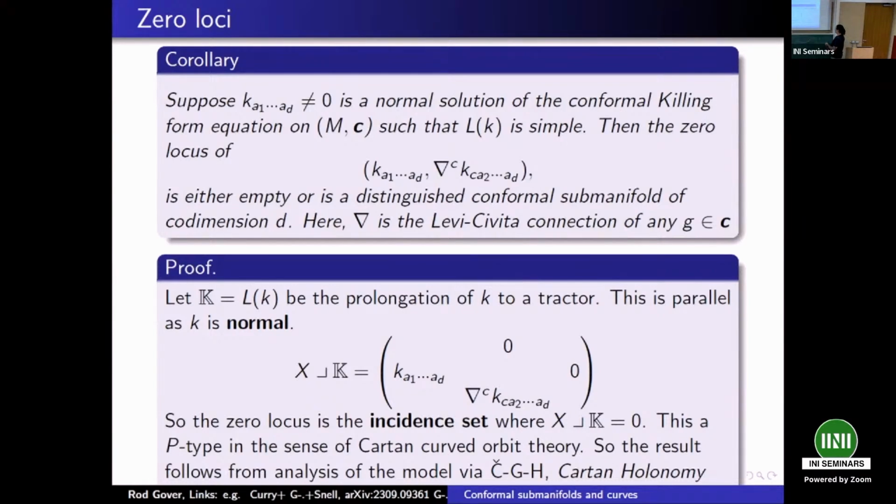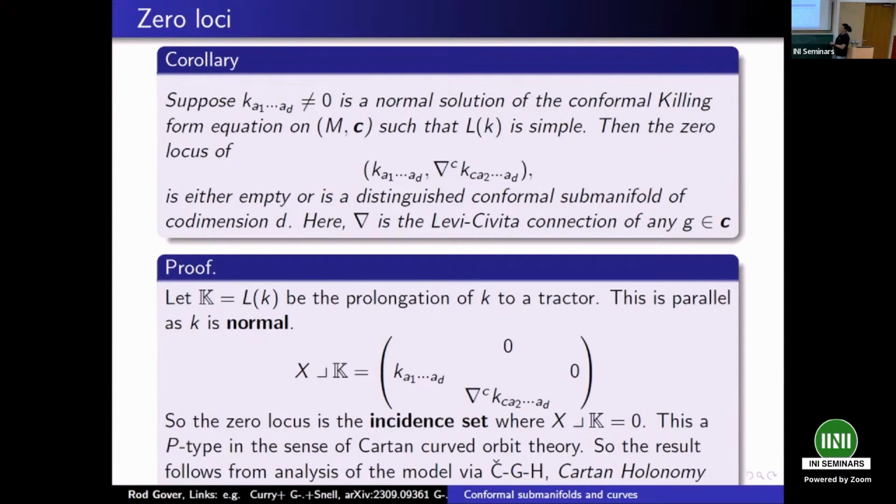So how do you see that? Well, because it's a normal solution, when you take this BGG splitting operator on K, you get a D-tractor, which is then parallel. And the zero locus of these two things is exactly this incidence relation. So you now have a parallel D-tractor satisfying the incidence relation, so you're nearly done by the previous theory.